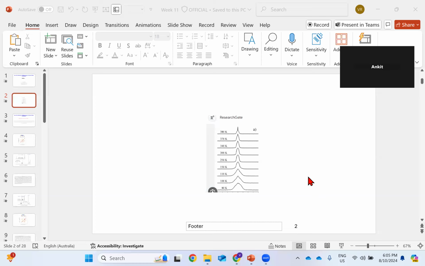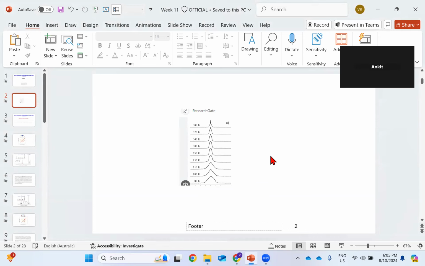Right. So here is the NMR spectra of one of the peaks, taken at different temperatures. Let's say it started from 380 Kelvin and goes to 80 Kelvin, which is the lower temperature. If you look at the spectra at higher temperature, it looks like a singlet.